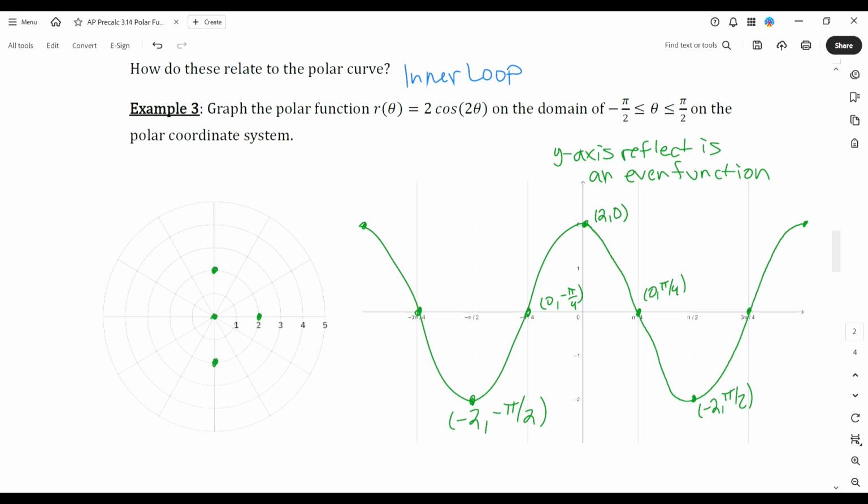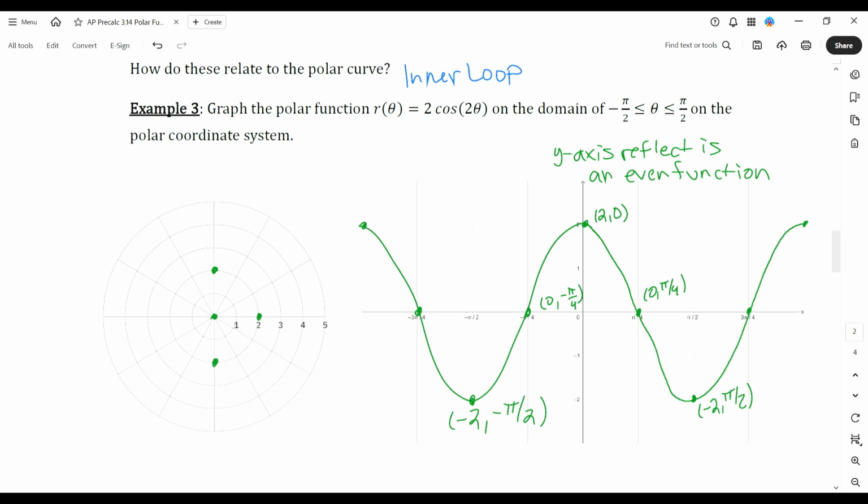You might recall that between 0 and pi over 4 and pi over 4 to pi over 2, we do have pi over 6 and pi over 3. Equivalently, we would have a value over here at negative pi over 6 and negative pi over 3. Just for simplicity's sake, I'm going to use my calculator.